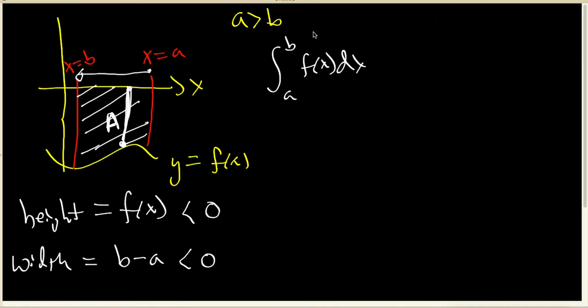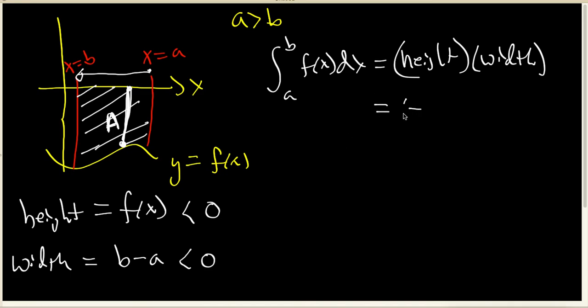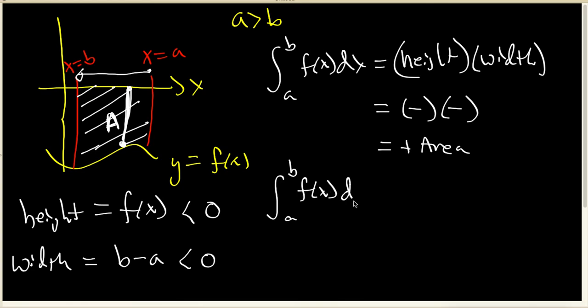And so this definite integral is again going to represent some kind of height multiplied by some kind of width. And the height here is negative, and the width is negative, so the area is going to be a positive area. In other words, in this particular scenario, my integral is going to represent positive the area under the x-axis.